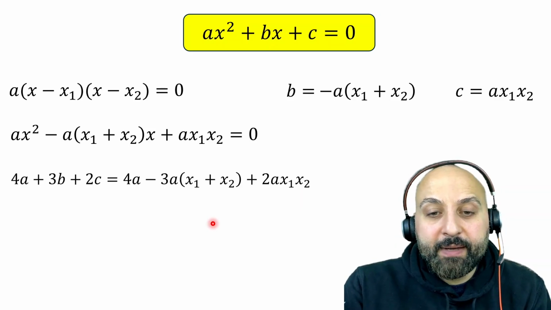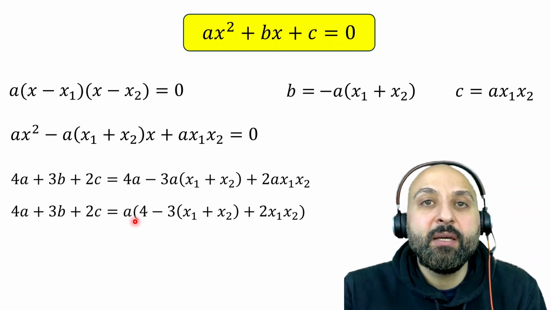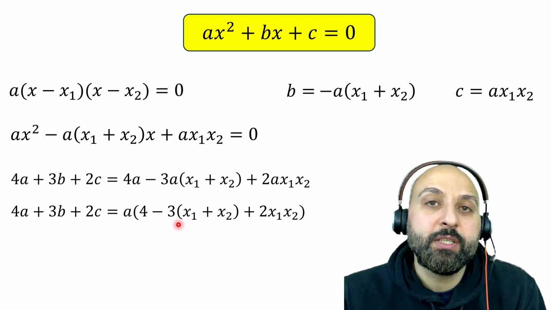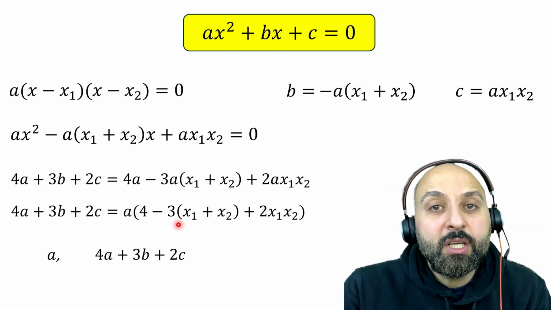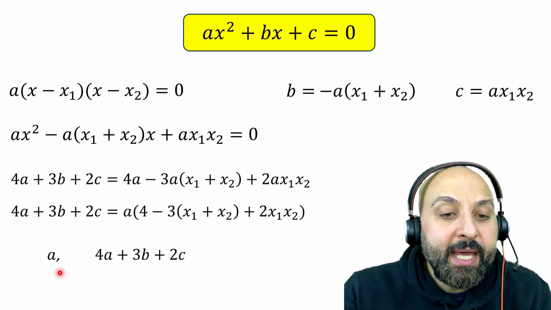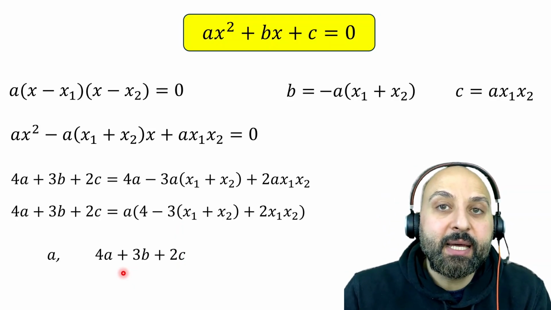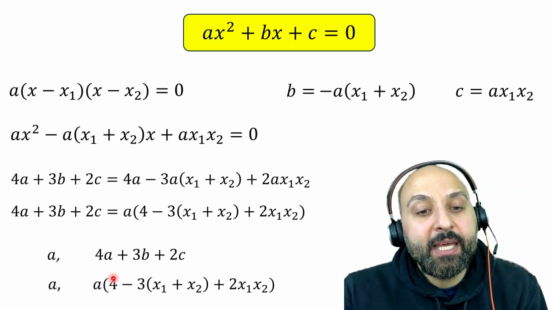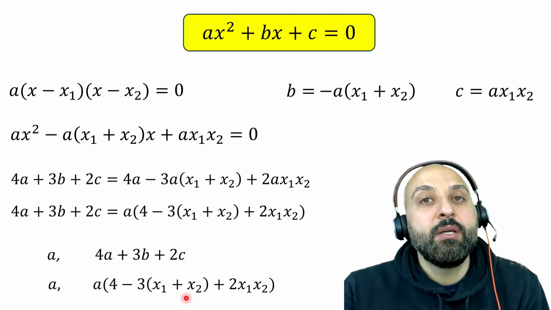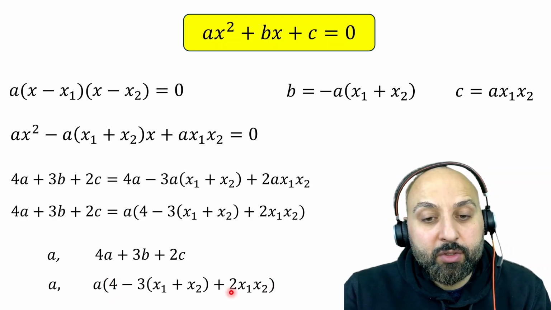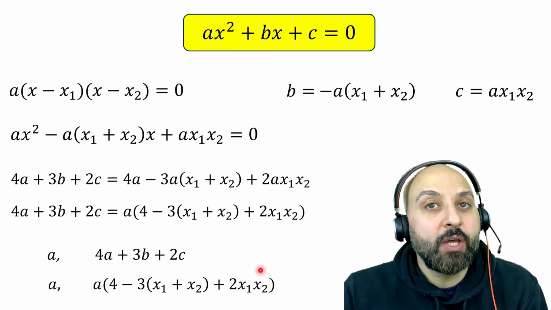Obviously, we can factor a out, so it will be a times (4 minus 3 times (x1 plus x2) plus 2 x1 x2). In the original exercise, we say that a and 4a plus 3b plus 2c have the same sign. It means that a and a multiplied by this term must have the same sign. So a and a obviously have the same sign, so this term must be a positive number.